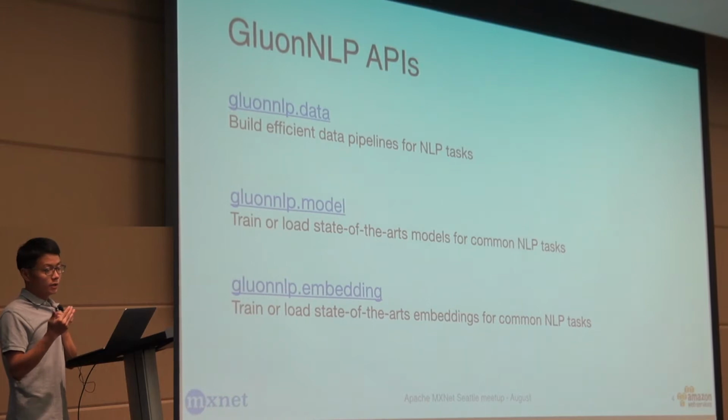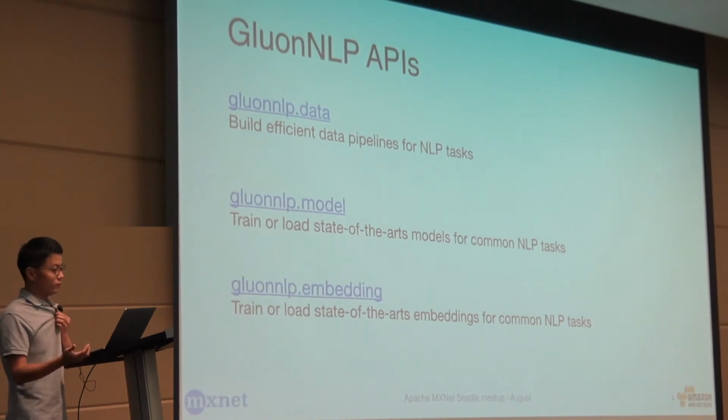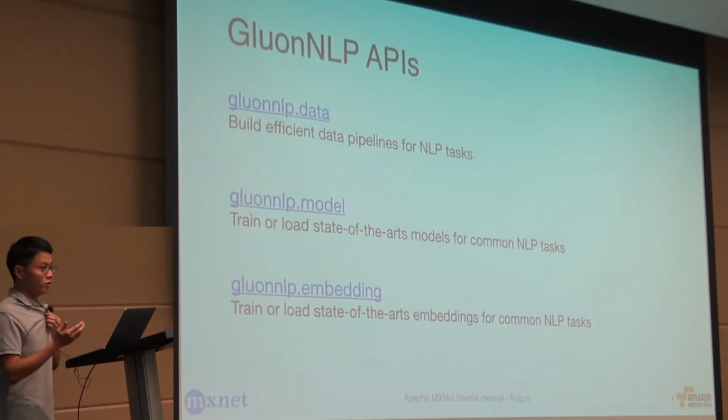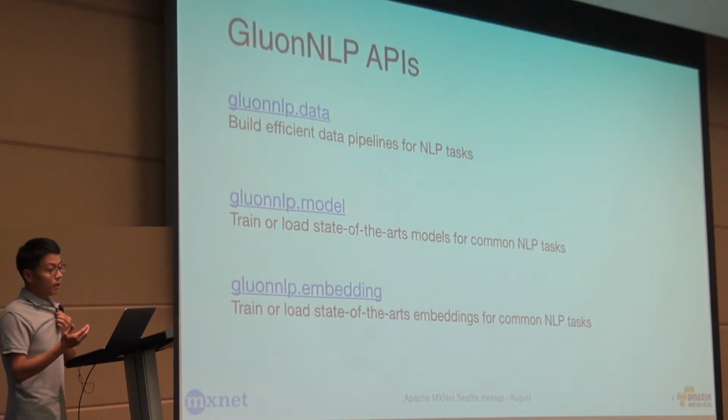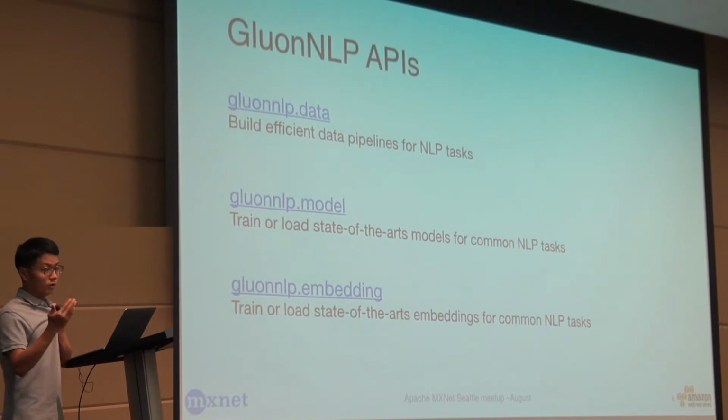I think they are very important and essential for NLP beginners who know just a little bit of NLP, or even for advanced NLP users who want to leverage a technique for their own production or business. That should be fun. These three APIs are essential, and they should be able to help you do anything you want for any NLP-relevant tasks.